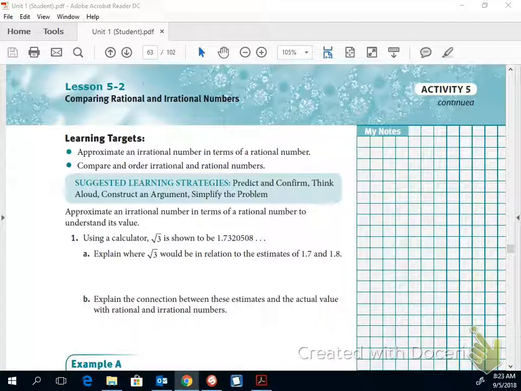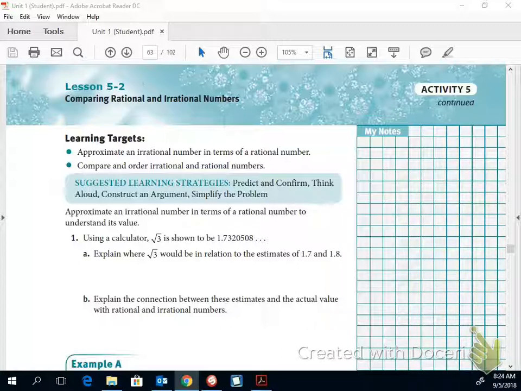Okay, so we're just approximating. Yesterday we talked about square roots and perfect squares, where things fit between each other. We took some notes. Today is not as note heavy. This very first one, we used a calculator, the book did it for you: square root of 3. This is the answer. It continues on the other side because it is irrational. 1.7320508 after that.